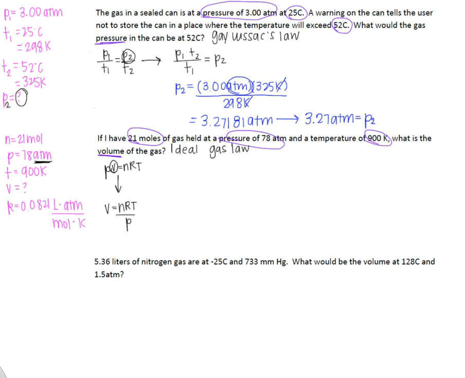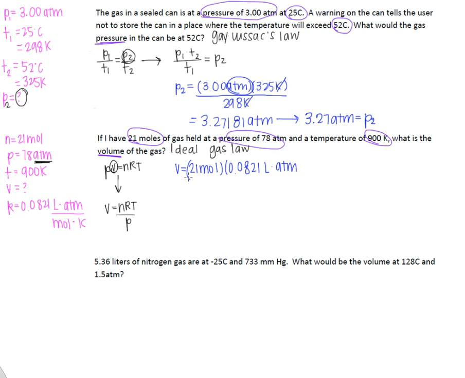So when we get ready to go and plug in, now we have V is equal to N. We have 21 moles times R, which we know to be 0.0821 liters times atm.